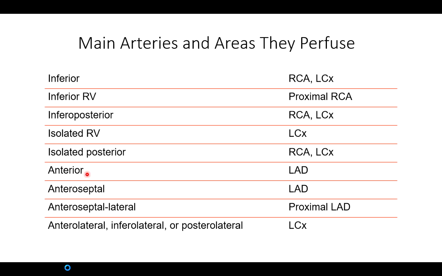If I look at the anterior perspective, maybe it's the left anterior descending. If it's something like anterolateral, inferolateral, posterolateral, left circumflex, right? So depending on the region that I see impacted when I look at the 12 lead, gives me, or the cardiologist, an idea of the region of the heart which is impacted.